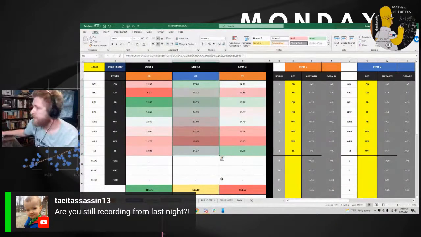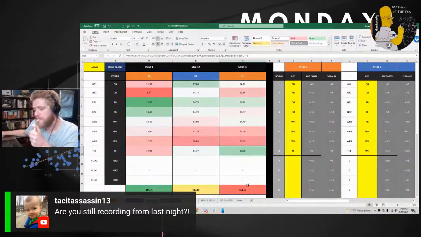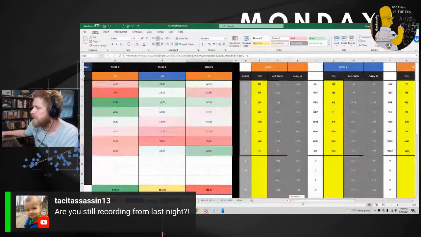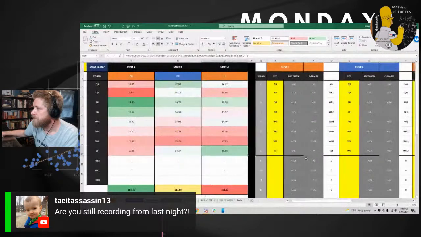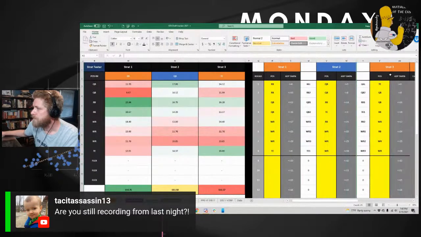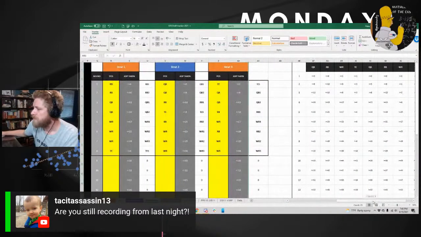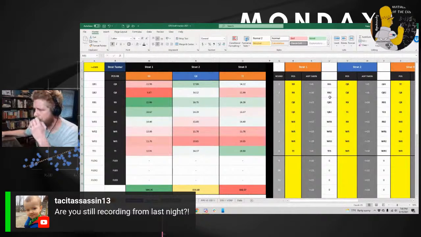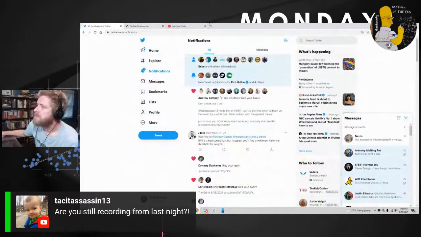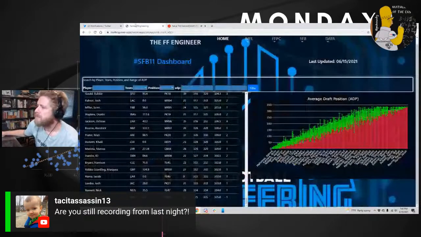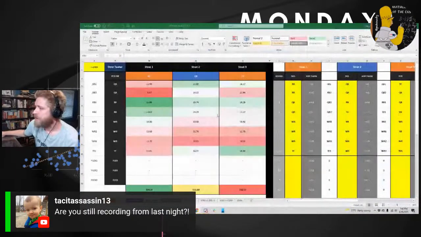Keeps falling back towards quarterback. I mean, look at that advantage at running back I'm giving it. No, yeah.